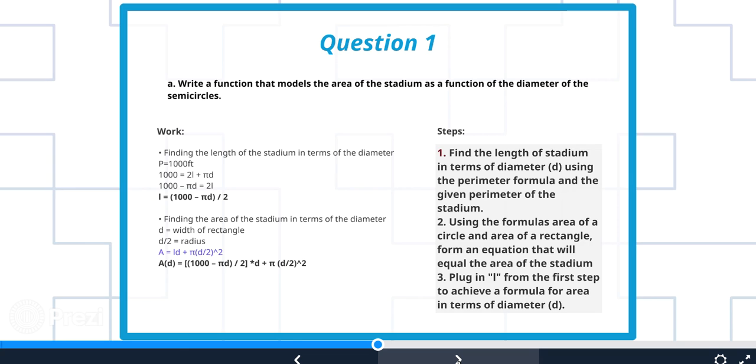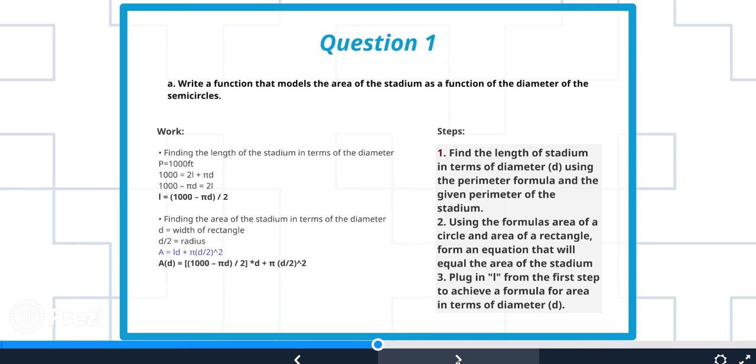So we know what L equals. And for step 2 of this, using the formulas for area of a circle and area of a rectangle, we form an equation that will equal the area of the stadium. That is done in blue on the left side of the work. It is area equals length times diameter plus pi times (diameter divided by 2) squared. Since that has two variables in it, we must get rid of one or replace one.